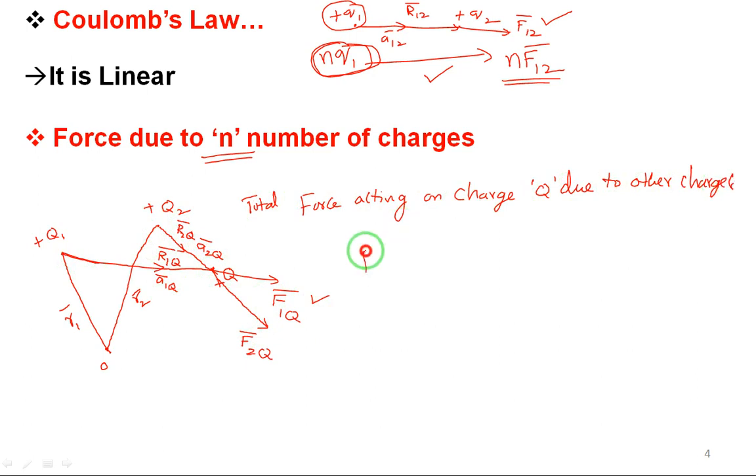The total force F total acting on charge Q due to other charges is given by F total equals F1q, the force experienced due to the first charge, plus F2q, the force due to the second charge. This is the formula.